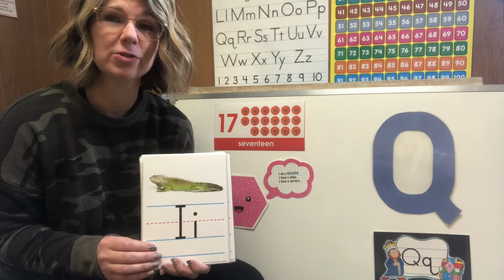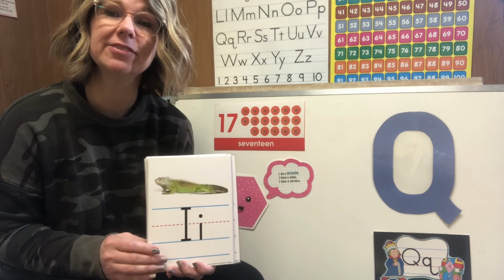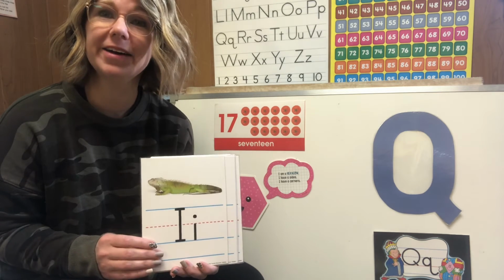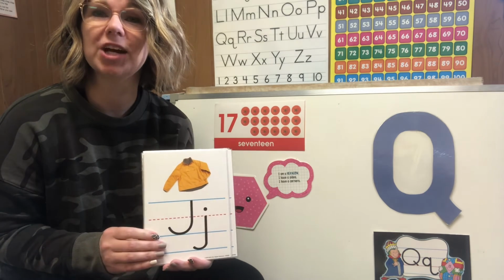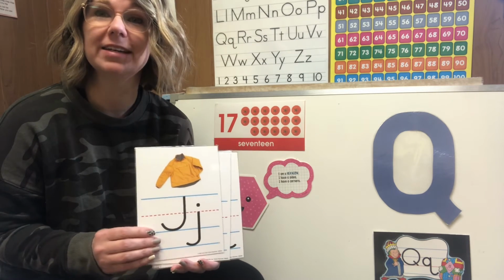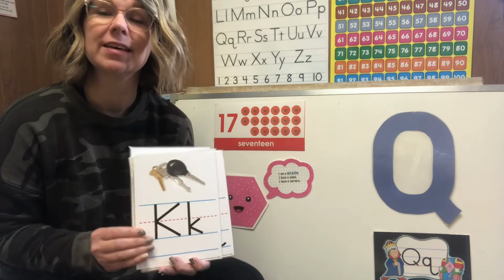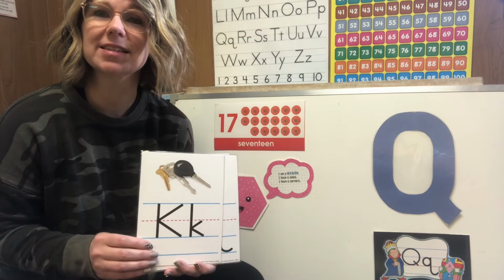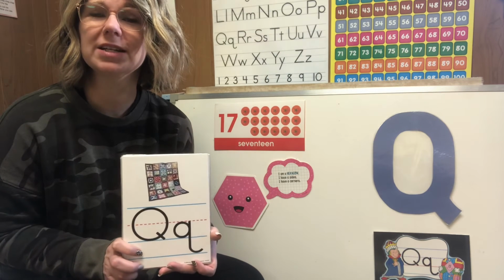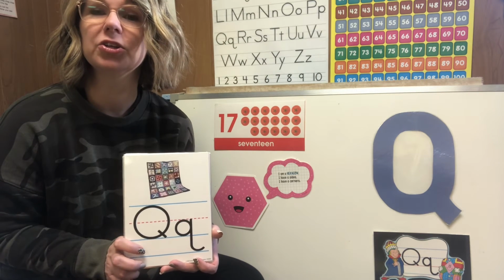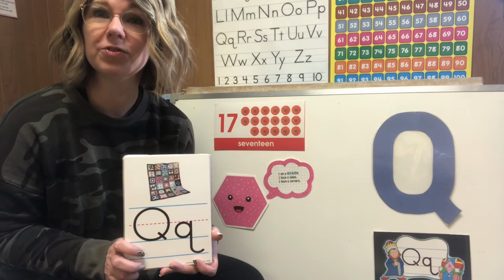I, another vowel, two sounds. I says I for iguana, or I for ice cream. J. J says ja for jacket in Jesus. K. K says ka for keys. Back to our new one. Our new letter is letter Q. Q says qua for quilt.